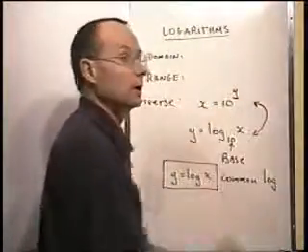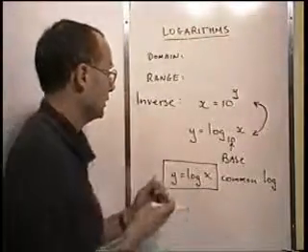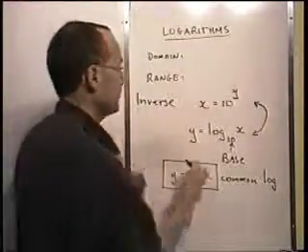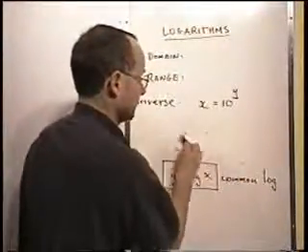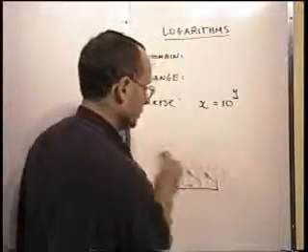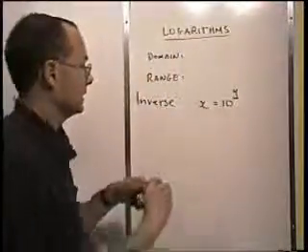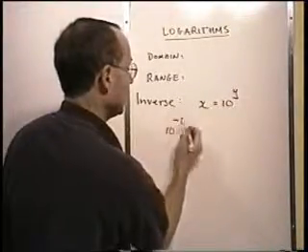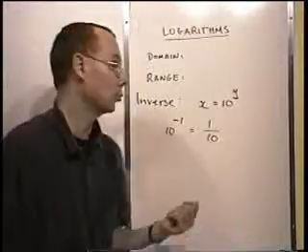What kind of numbers could y be? Could y be a negative number? Well, I don't see a problem with that. Let me just analyze that. Make a little room here. Suppose we did try a negative number, something like negative 1. Is 10 to the negative 1 okay? Yeah, that's just 1 over 10 to the positive 1, 1/10.